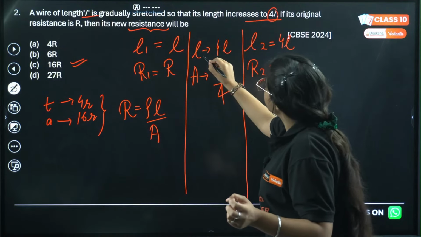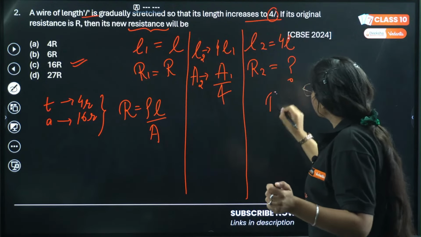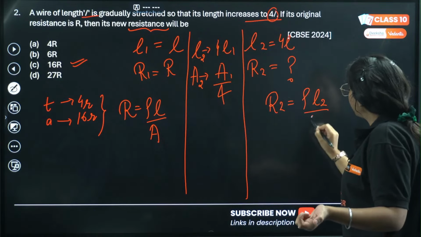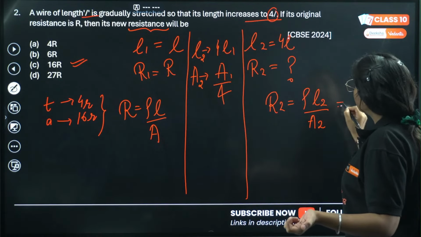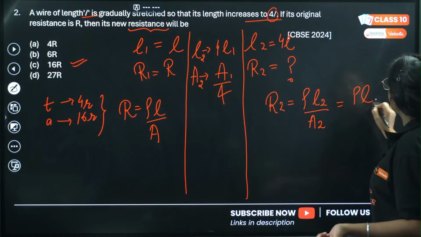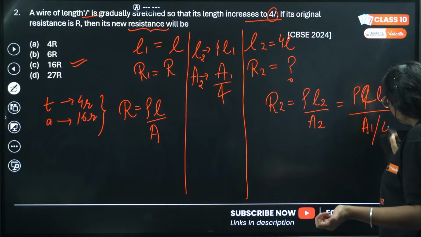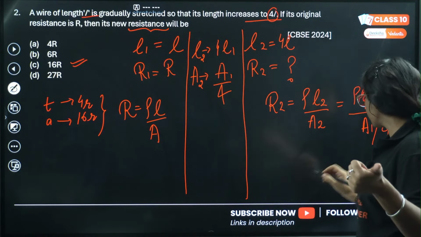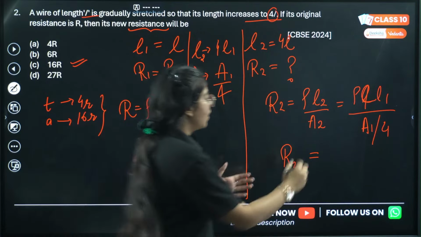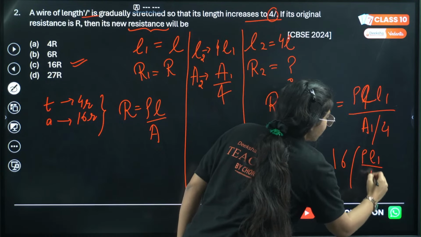So this will be L2 and A2, and L1, A1. In the formula of resistance, rho L2 divided by A2, so this will be rho 4 into L1 divided by A1 divided by 4. Correct? Understood? And hence R2 will be 16 times rho into L1 divided by A1.